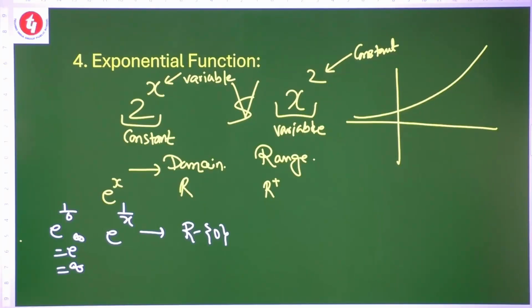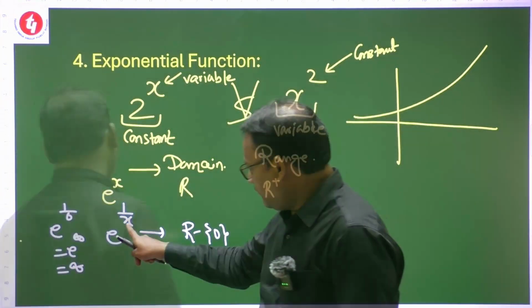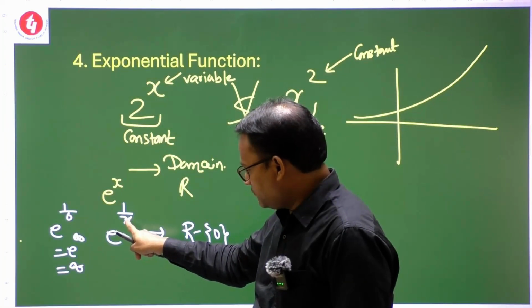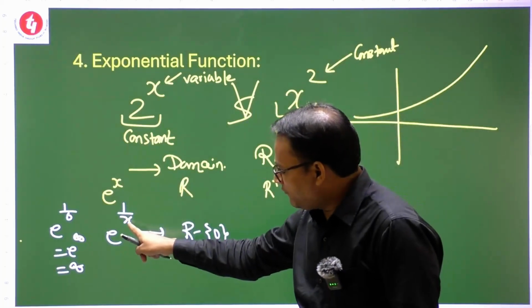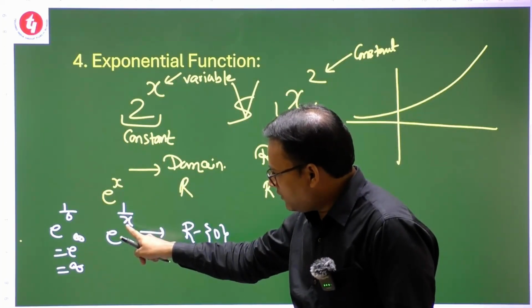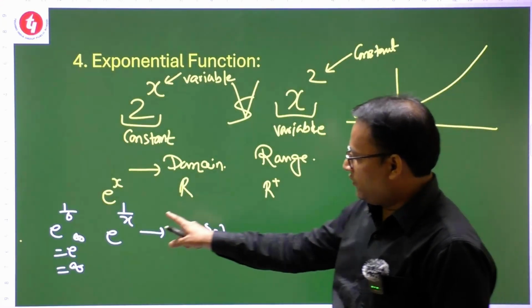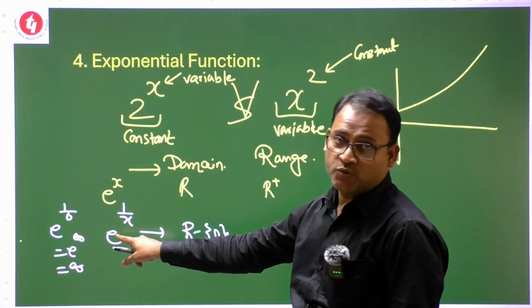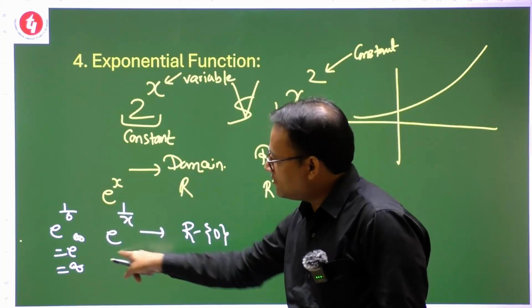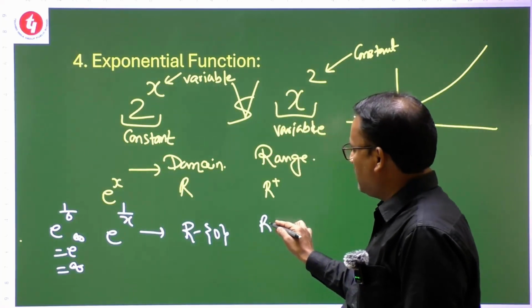What is the range of this function? If x tends to infinity, then 1 by infinity tends to 0 and e power 0 is 1. So when x tends to infinity, it tends to 1, but x cannot be infinity, so this number cannot be 1. So the range will be R minus 1.